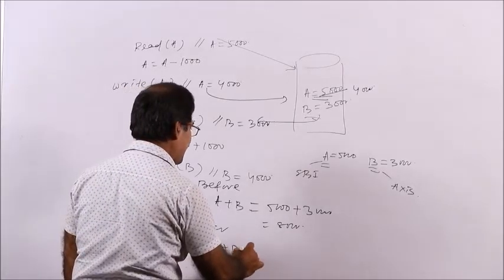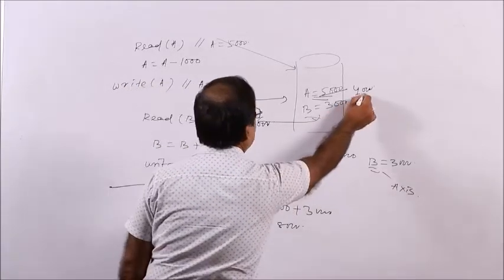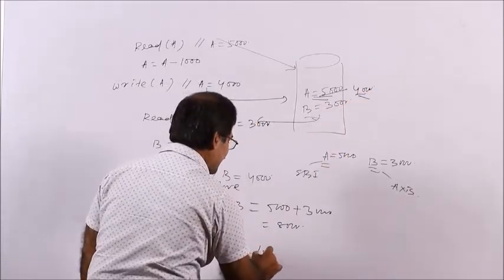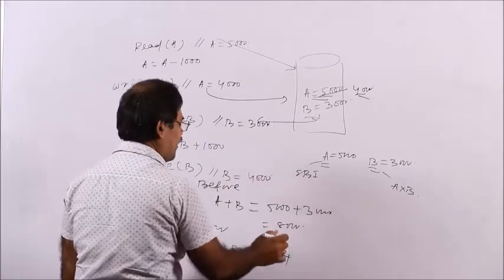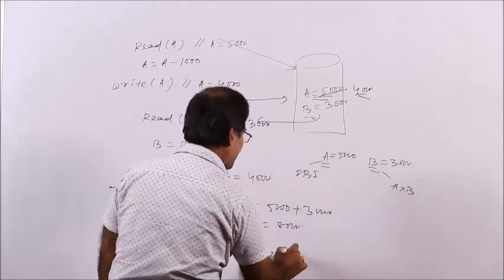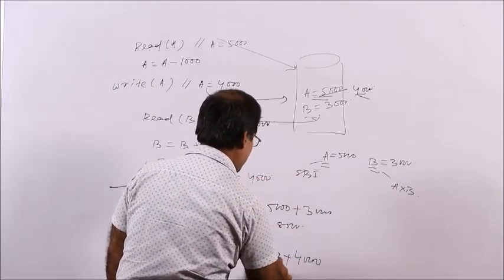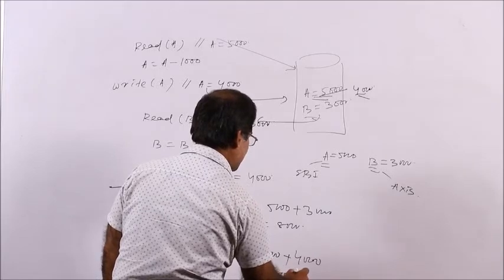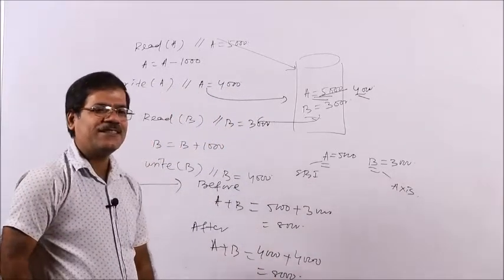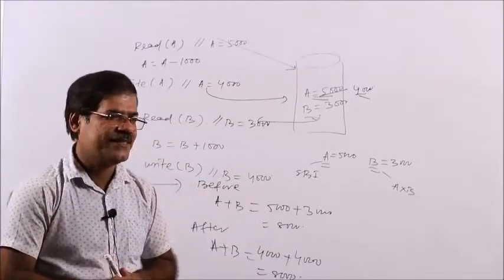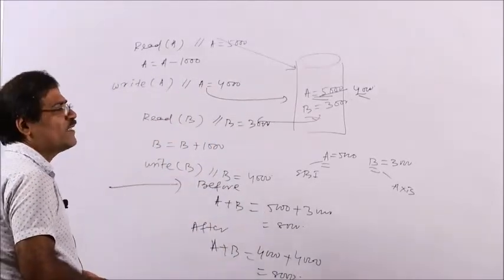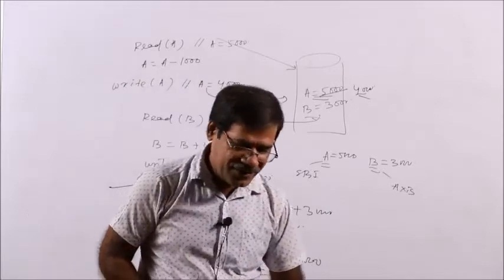What is the value of A? A is already updated. A, with 1000 withdrawn, is 4000. And B is what? B has 1000 deposited, so 4000. So that is again 8000. So that means before the transaction and after the transaction the sum will be the same. This property is called the consistency property of a transaction.